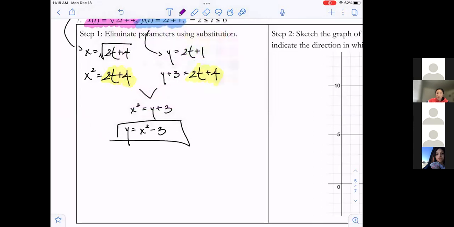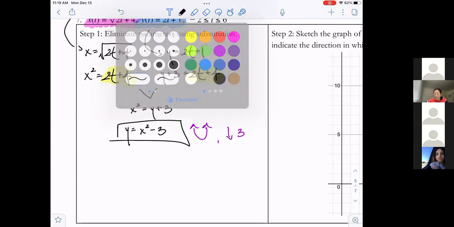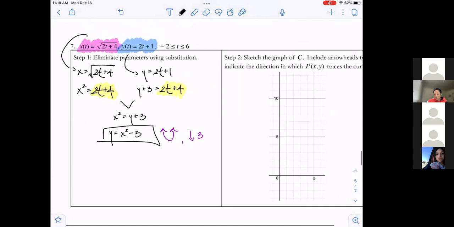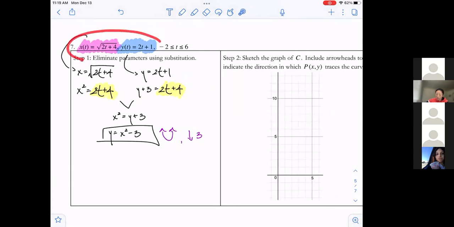For those of us who are in Math 116, we know this is a parabola and we move down by 3. And so that's a lot easier to think about as a graph instead of this kind of weird looking thing. Okay.